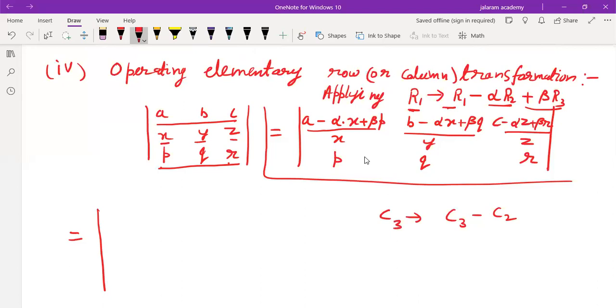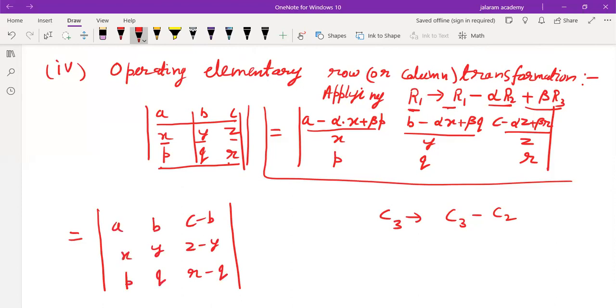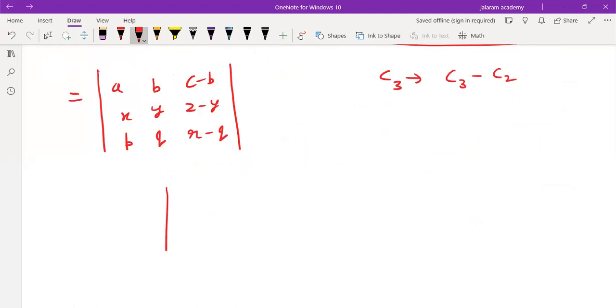Like C3 is operated as C3 minus C2. C3 is C, Z, R and C2 is B, Y, Q. So C minus B, Z minus Y, R minus Q. The next one is written as it is, B, Y, Q; A, X, P, like this. So this is called operating elementary row or column transformation, and we can do both in the same question.